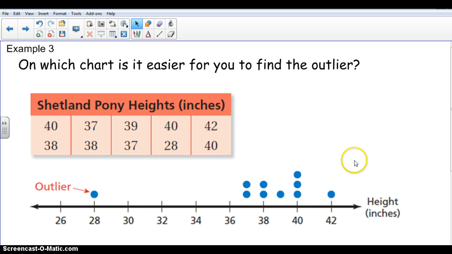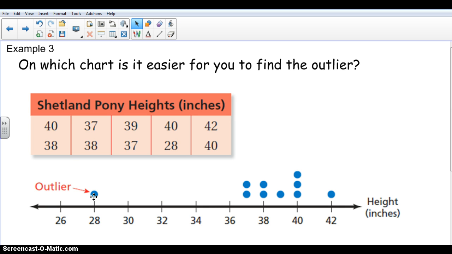This is still your cluster. This is still the peak, but you have an outlier. So what we're going to do is find the mean average with the outlier and without the outlier, and look at the differences.